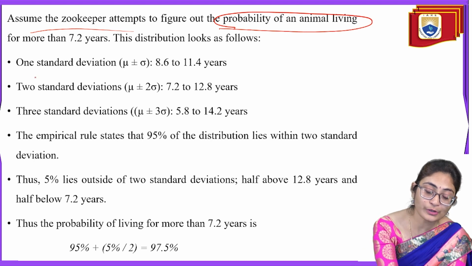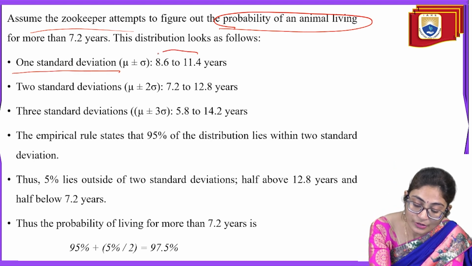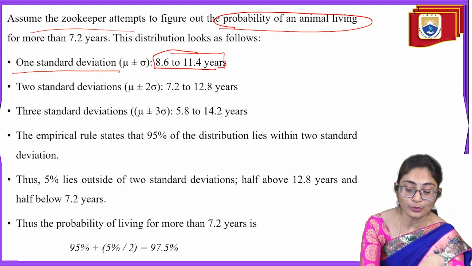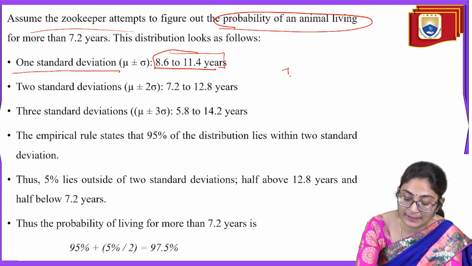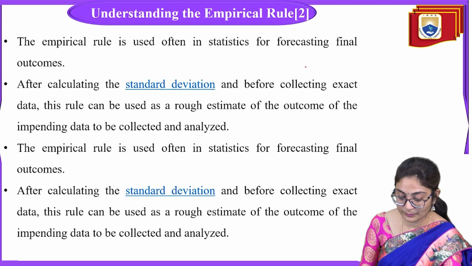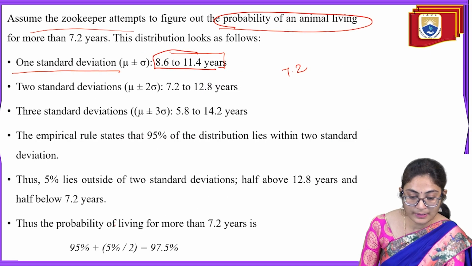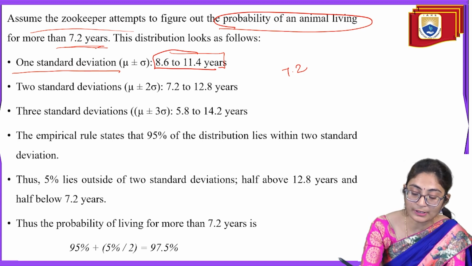So when we find the one standard deviation, we get the range 8.6 to 11.4. We need to find the range for more than 7.2 years.